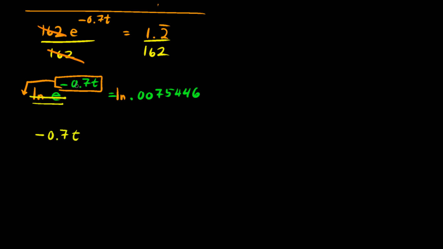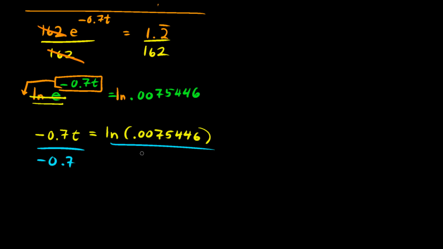So negative 0.7t equals ln of 0.0075446. Now to get t, it's pretty simple. You just divide both sides by negative 0.7. That cancels, that cancels. So t is going to be approximately ln of 0.0075446.